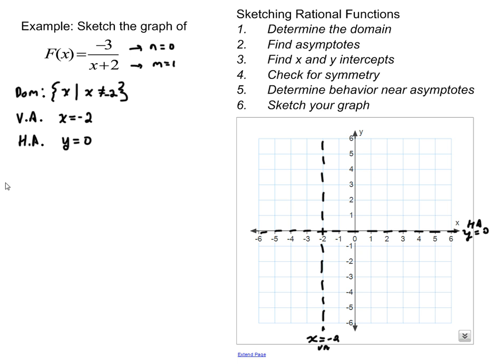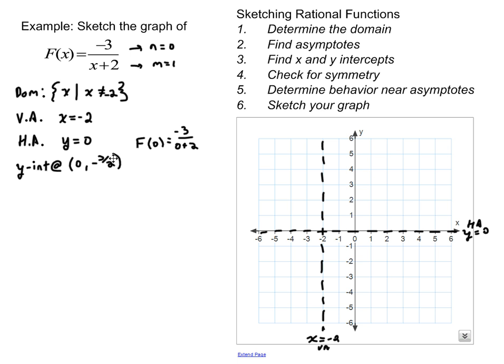All right, the next step is finding the x and y-intercepts. We find a y-intercept by setting x equal to 0. In this case, if we let x equal 0 in our original function, f of 0 is negative 3 over 0 plus 2, which is to say negative 3 halves.